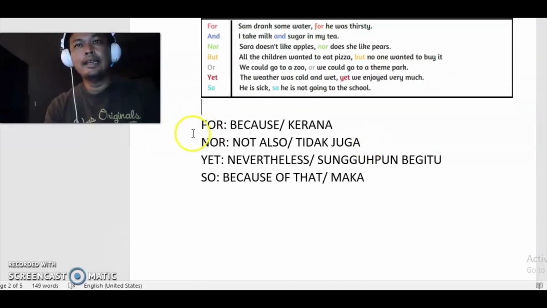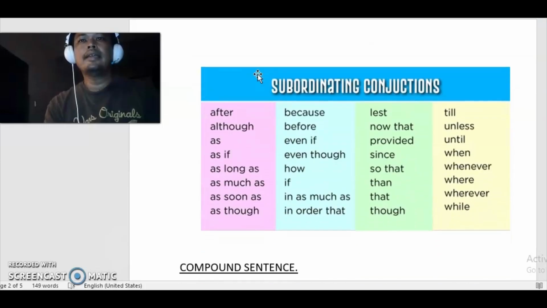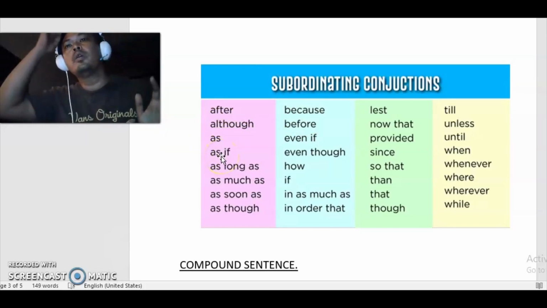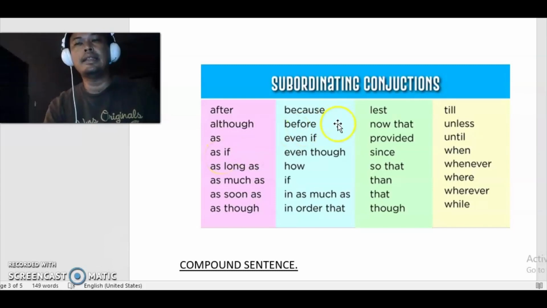And these are what they stand for on this occasion: for, and, nor, but, or, yet, and so. Usually, for or and but, students usually have no problem understanding them. And the other conjunctions other than FANBOYS, such as after, although, as if, and a lot more, we'll call subordinating conjunctions.